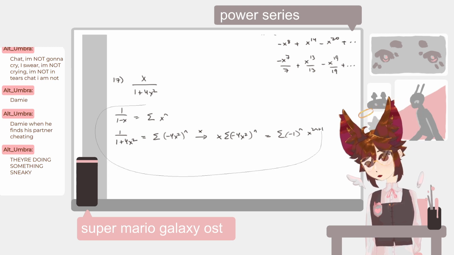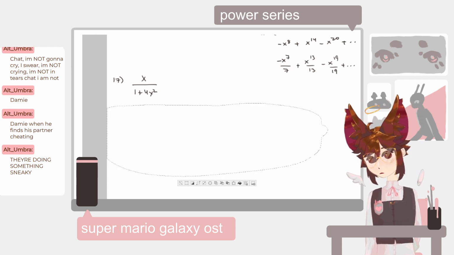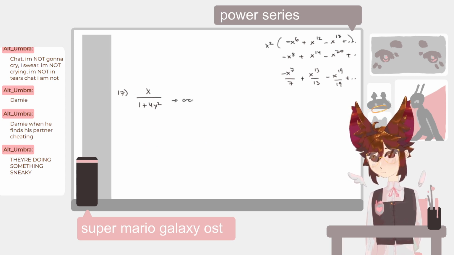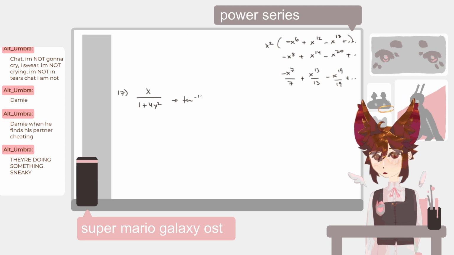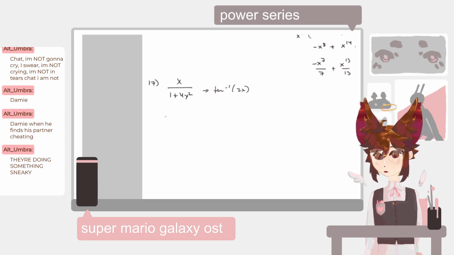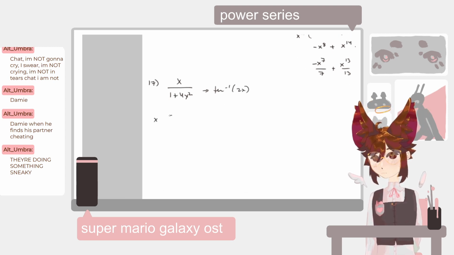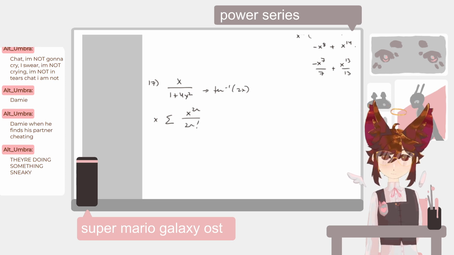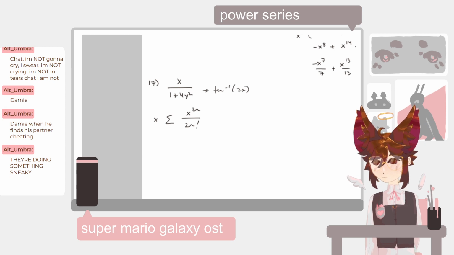Okay, fine. This is arctan of... sorry, tan inverse of 2x. So it'll be x times power series of x to the 2n over 2n? Maybe? Is that what that is?